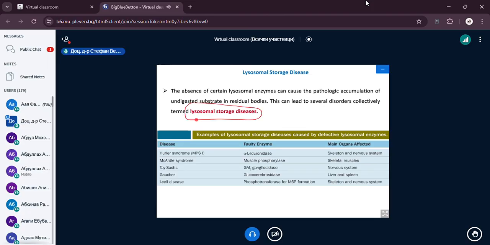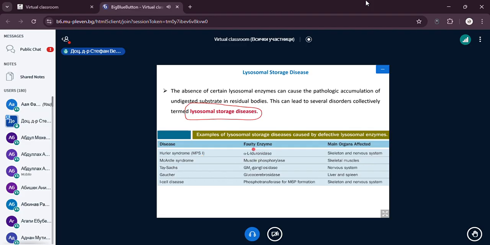These diseases are due to a genetic defect, usually in the genes for some of the many enzymes present in the lysosomes. Depending on which enzyme is defective, these individuals will have different symptoms. Here you see some of the most frequently seen lysosomal storage diseases, like the syndrome of mucopolysaccharidosis type 1.